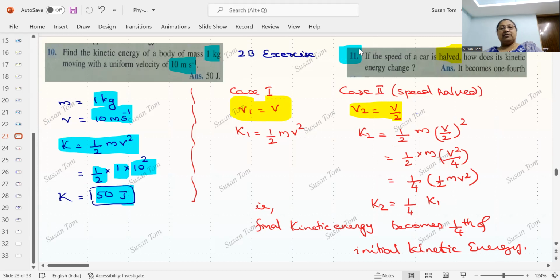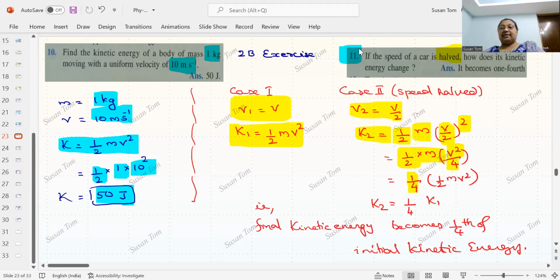Initial case when velocity was v, you have to write, let v be the initial velocity. Then the kinetic energy will be k1 equal to half mv square. When it is halved in case 2, kinetic energy will be equal to half m, the new velocity is v by 2 the whole square, which on solving is v square by 4. That is 1 by 4 into half mv square.